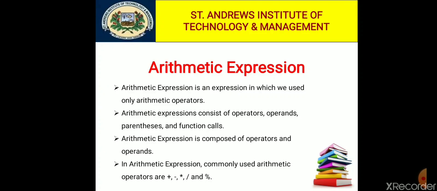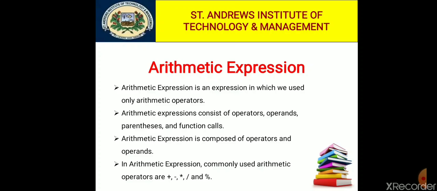Okay, so what is an arithmetic expression? Arithmetic expression was one of the motivations for the development of the first programming language. An arithmetic expression is an expression in which we use only arithmetic operators.